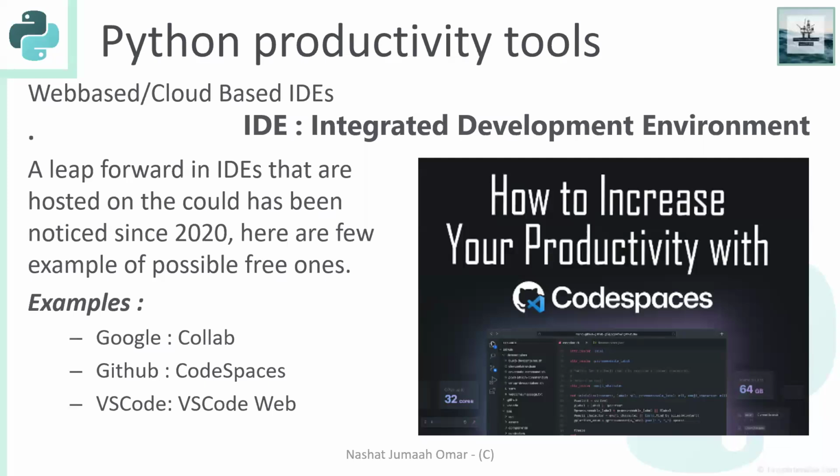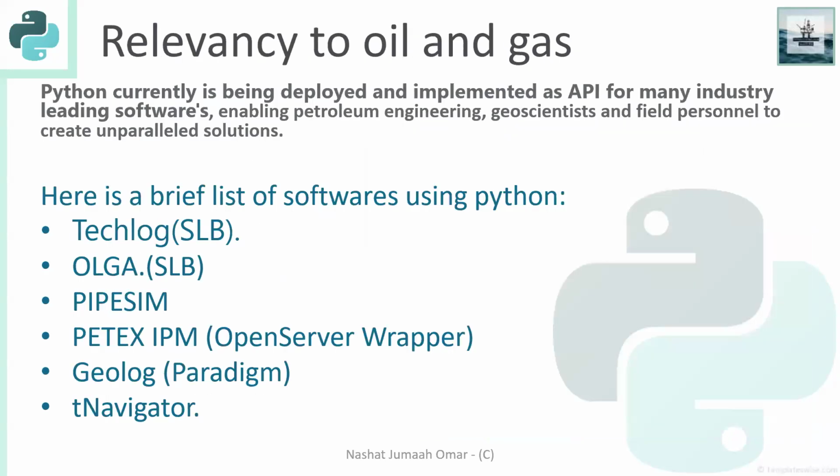For example, we have Colab, which is by Google. We have GitHub Codespaces, which is by a very famous website called GitHub. Plus, we have Visual Studio Code, an online version of the same application that we have on the desktop. So there's basically no excuse nowadays not to learn Python, because everything is now possible, fortunately.